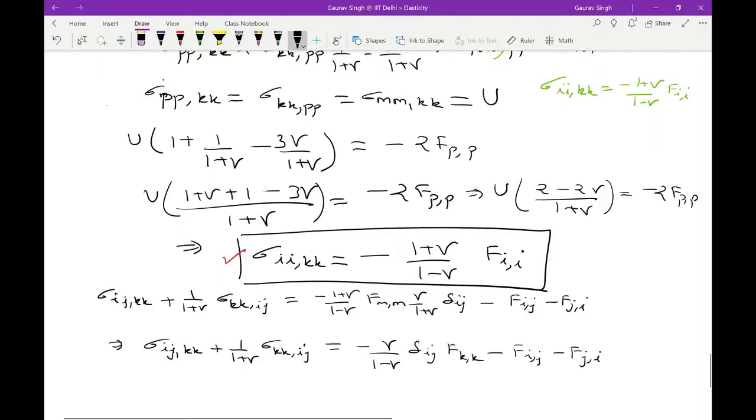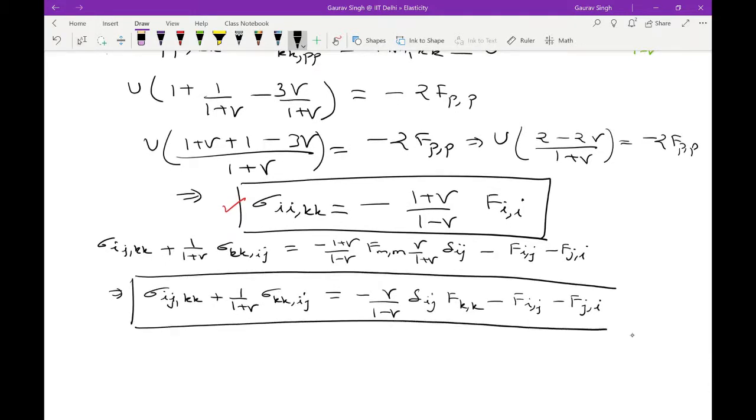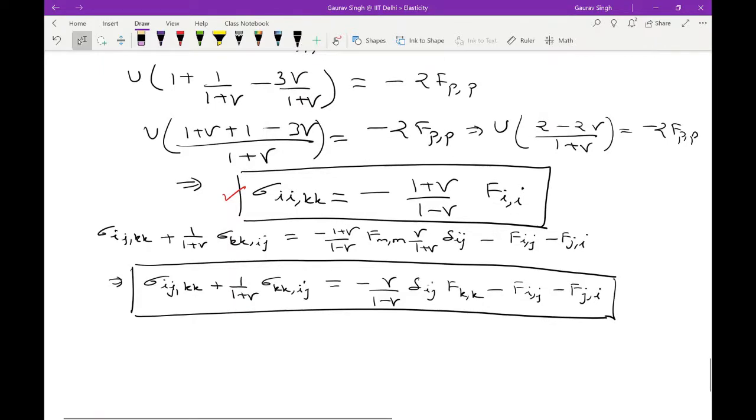So this is the compatibility equation in terms of stresses. They are commonly called the Beltrami-Mitchell compatibility relations.